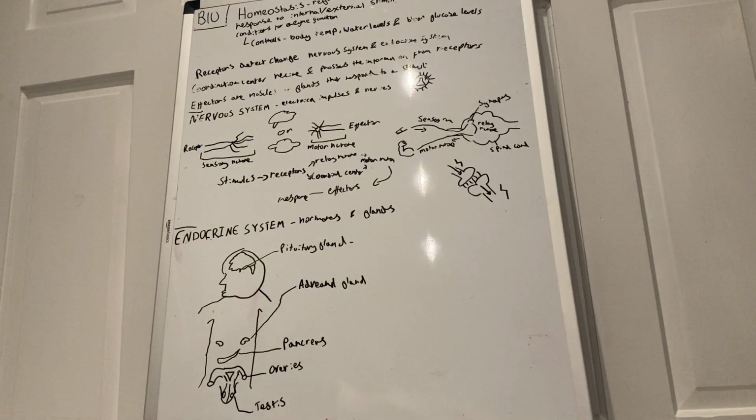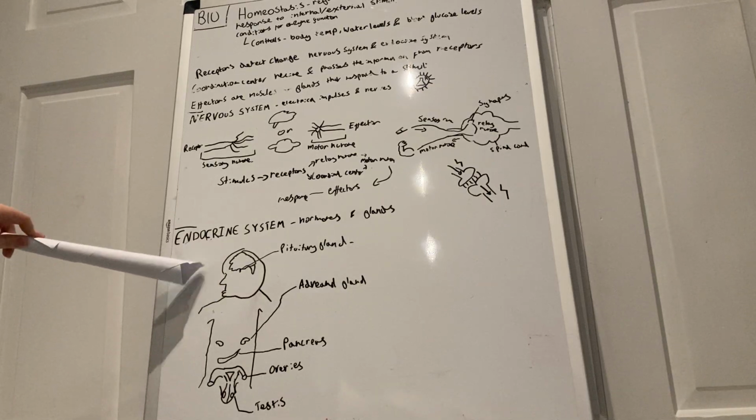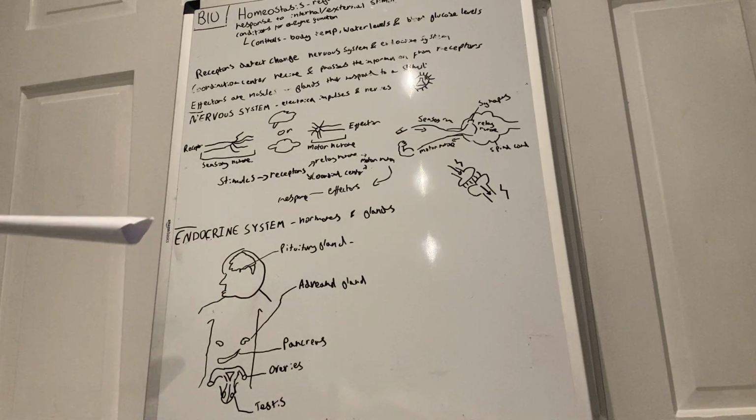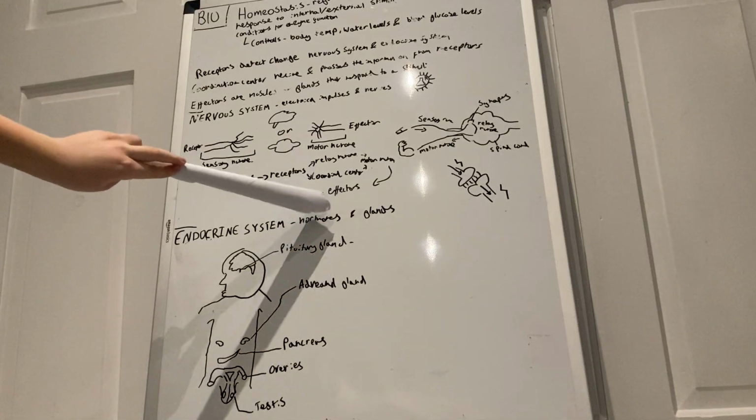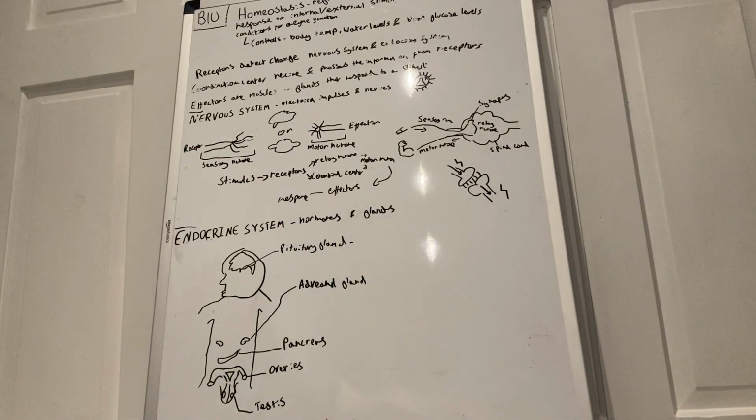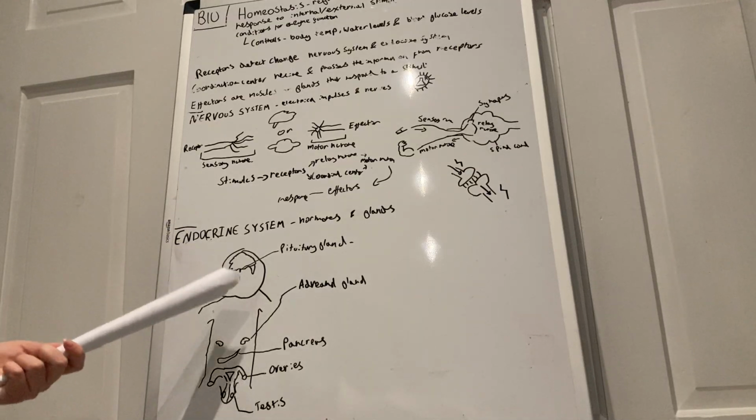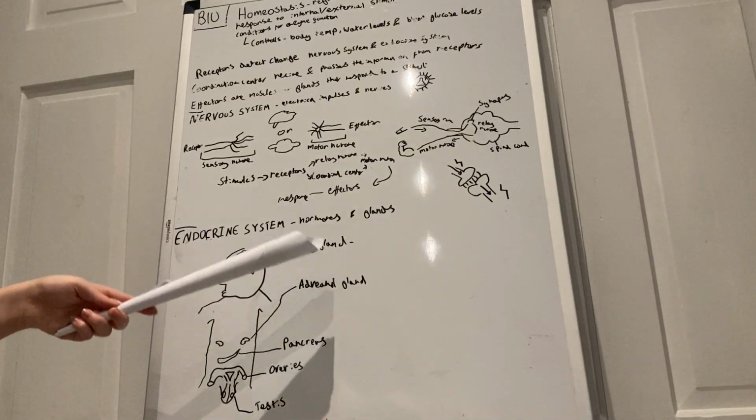So now we'll be moving on to the endocrine system. The endocrine system is made up of mostly hormones and glands. So here I have a small diagram of all the glands in your body. So you have the pituitary gland, which is basically the master gland. It controls growth in children.